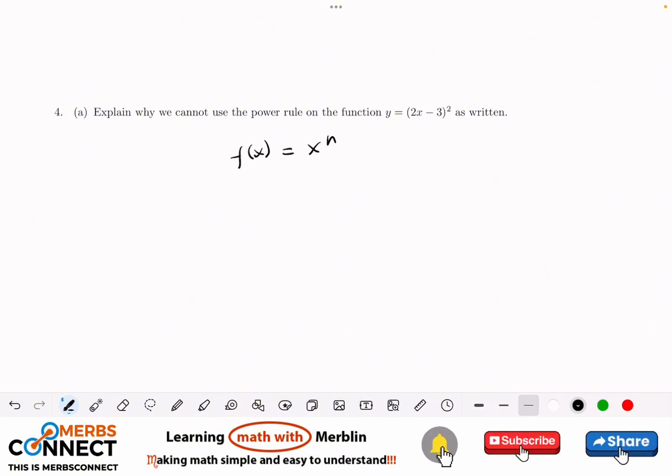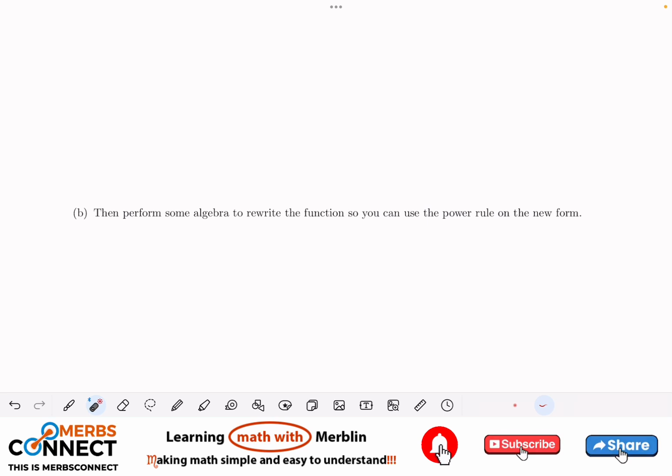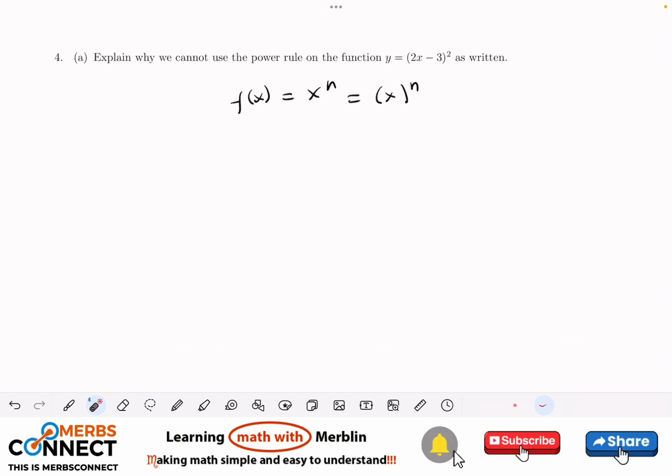And this function here, even if I put it into parentheses, I'll have x to the power n. When I differentiate the one in the bracket here, I'll get 1. But when I differentiate this one, I'm not going to get 1. So we cannot use the power rule because it's not in the form of this. Good. So that will be the implication there.